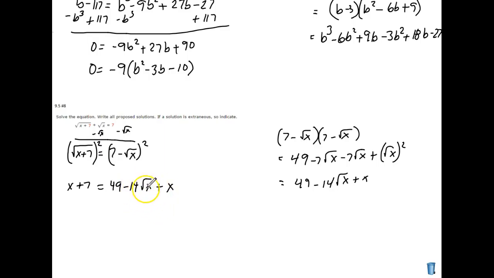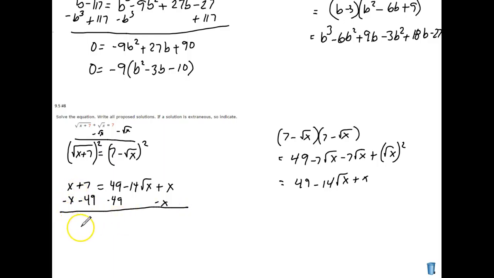I still have a square root, so I'm going to have to square again, but I need to get all this other stuff away from it first. So I'm going to subtract the x, subtract 49, and subtract x.